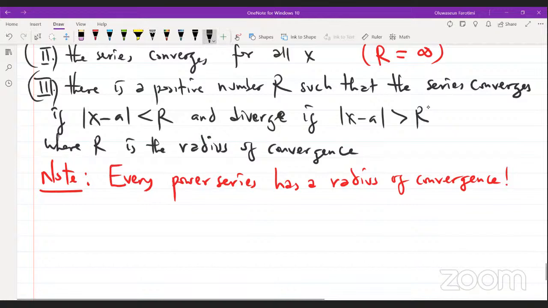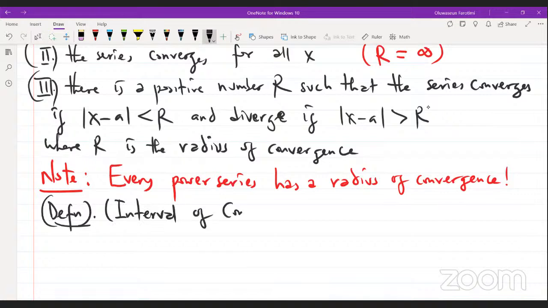Now, I talked about the radius of convergence. There's something we call the interval of convergence. Let's define the so-called interval of convergence.